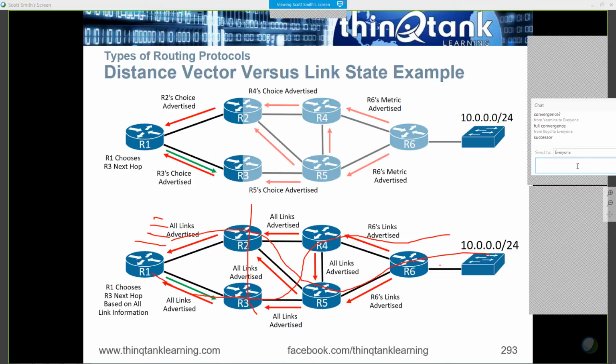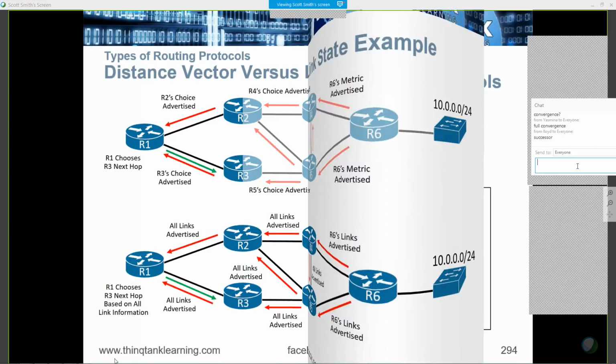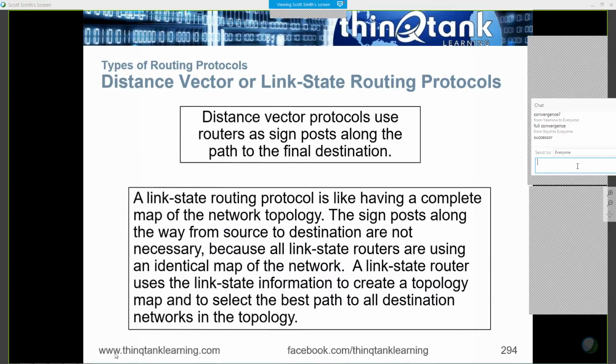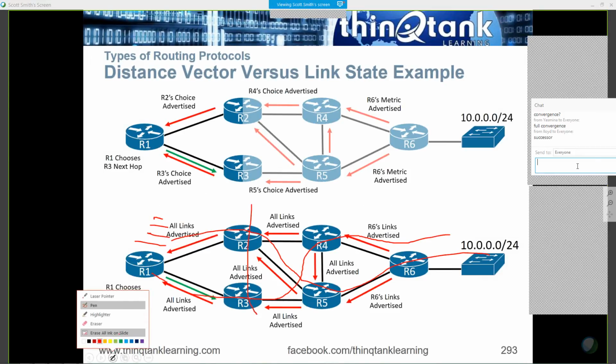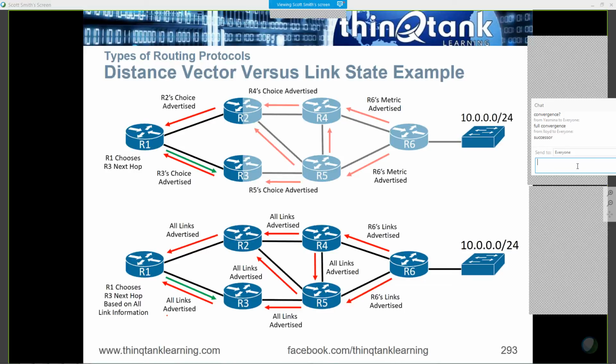Okay? There's another analogy that a lot of books will refer to. It's this concept of road signs along the roadway. The analogy is, if you're distance vector, this is what you know about how to get from here to New York. You go out to the highway, you see a sign that says New York, 400 miles.